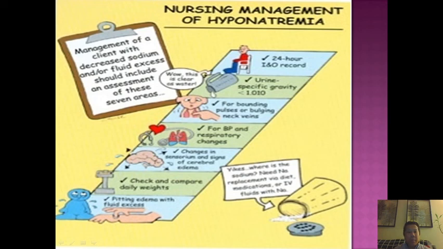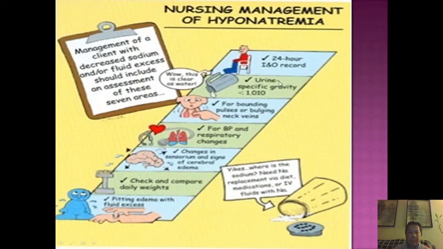Nursing management for hyponatremia, you need to check for the input and output of the patient, weigh the patient daily. By the way, if somebody asks you, or even in NCLEX, if there's a question about what nursing intervention would be the most accurate way of monitoring the fluid status of the patient, the answer would be daily weight or weighing the patient daily, and monitoring the input and output of the patient is just secondary.